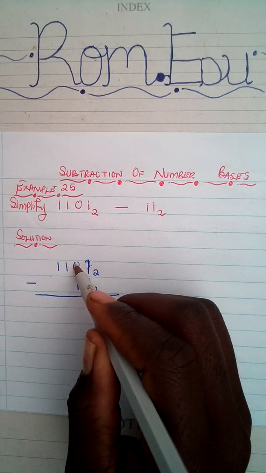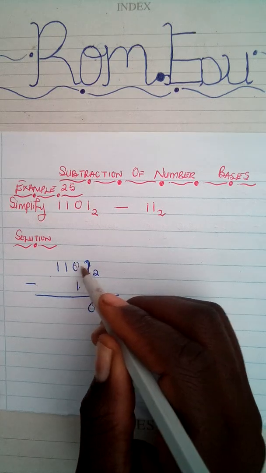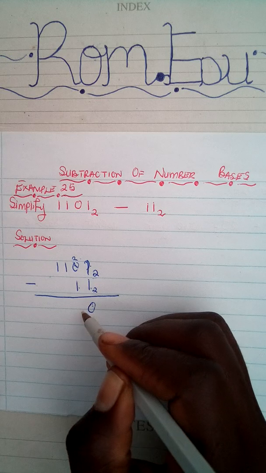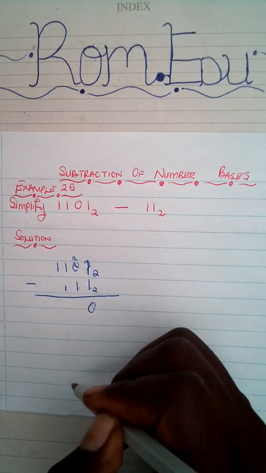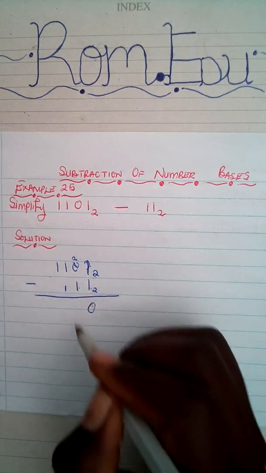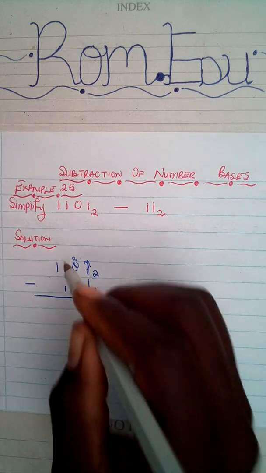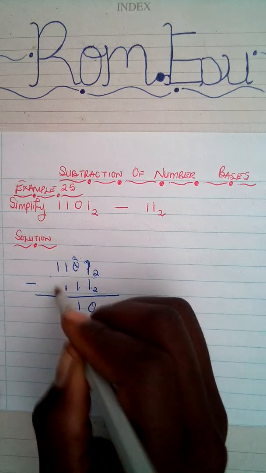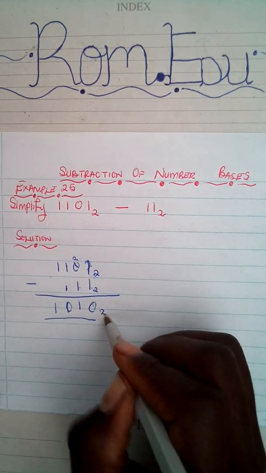So what do we do? We add the base. Please, we add the base. So what is the base here? That's 2. So I'm going to add 2 here. Then I add a 1 in it there. 2 minus 1, that's a 1. 1 minus 1, that's a 0. 1 minus a 0, that's a 1. So my solution is 1 0 1 0.